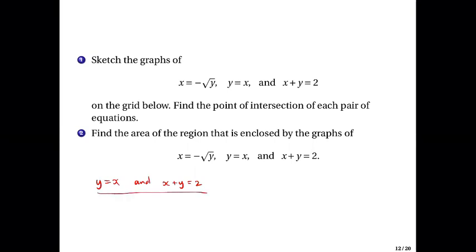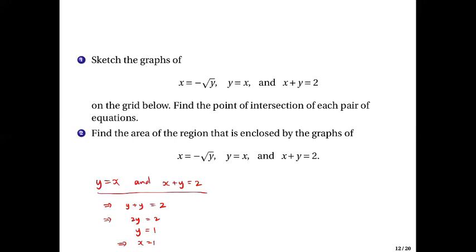So again, y equals x, so we can replace y by x or x by y. And this means that you will just have y plus y equals 2, or 2y equals 2, or y equals 1. Correct? And this means you have x equals 1.